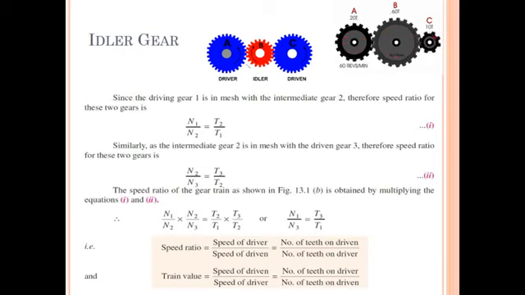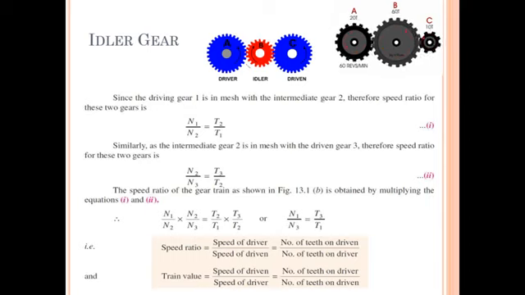But if you are using an even number of intermediate gears, then the motion of driver and driven gear will be in opposite direction. Consider a case where between A and C gear I am using two intermediate gears. In that case, A is rotating, suppose, anti-clockwise, the first intermediate gear will rotate clockwise, the second intermediate gear will rotate anti-clockwise, and C gear will rotate in clockwise direction.